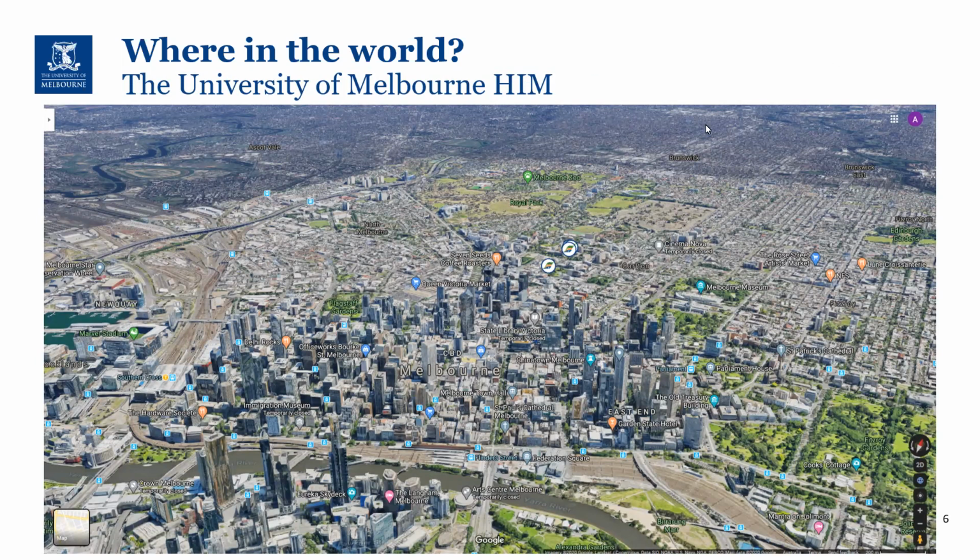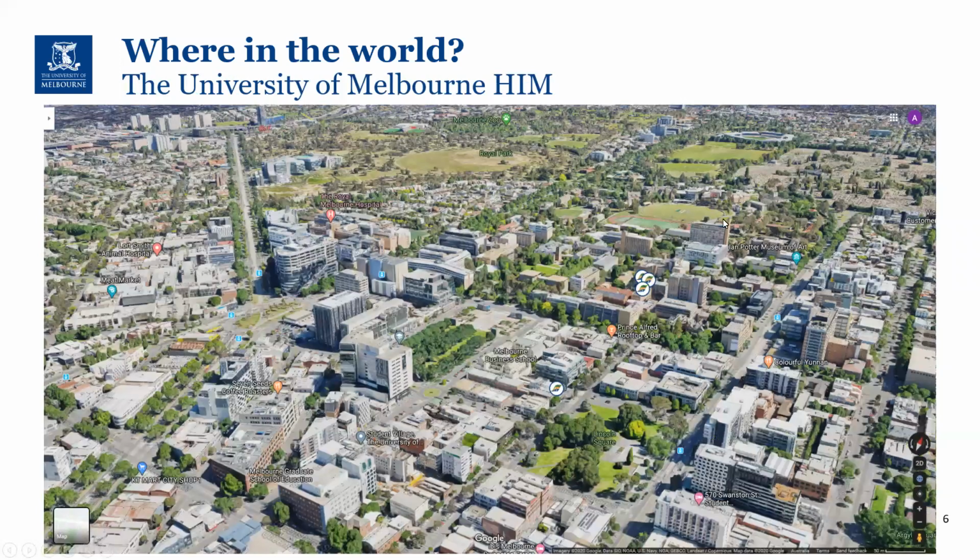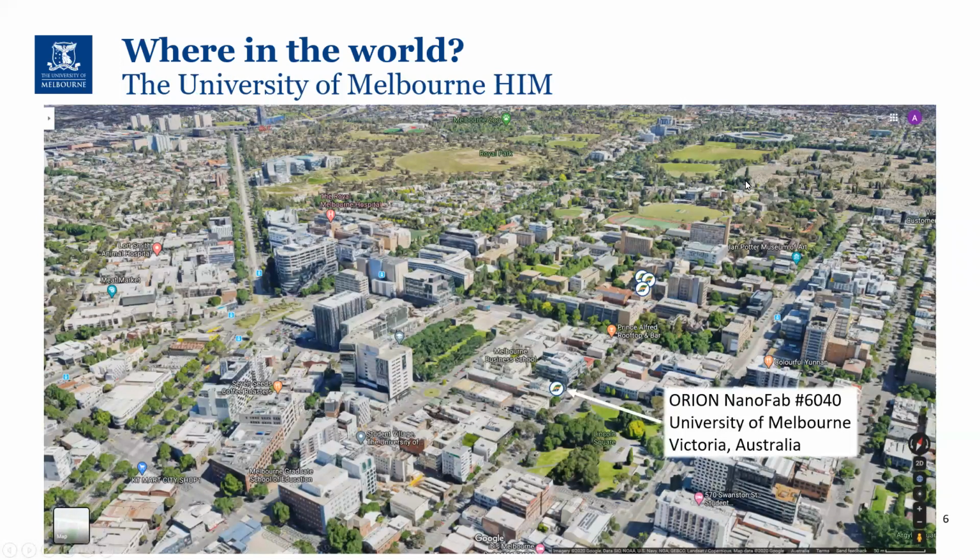I've marked on the map here where our platform locations are. This is the Parkville campus of the University of Melbourne. We have number 40 of the Orion nanofabs, located here in the Department of Biomedical Engineering. The rest of the platform capability is up in chemical engineering here, and much of this area is the Parkville University of Melbourne campus.